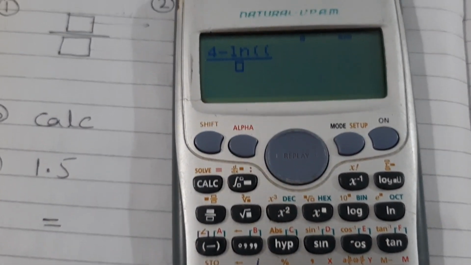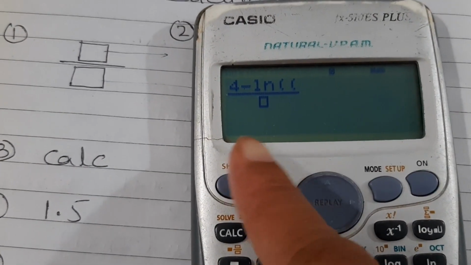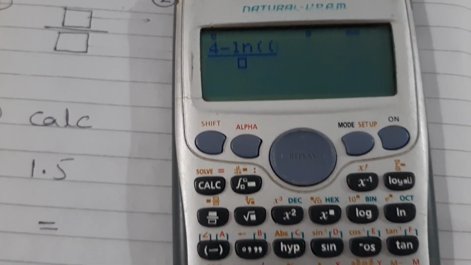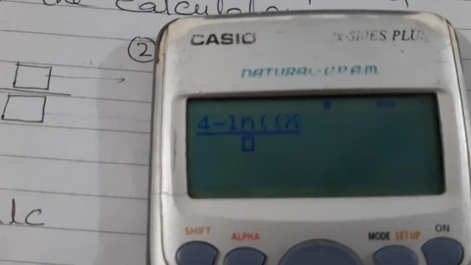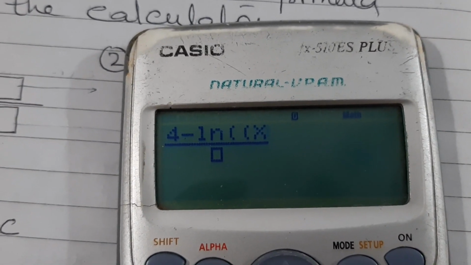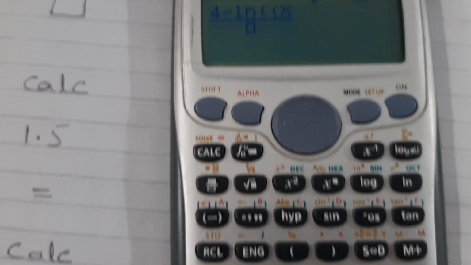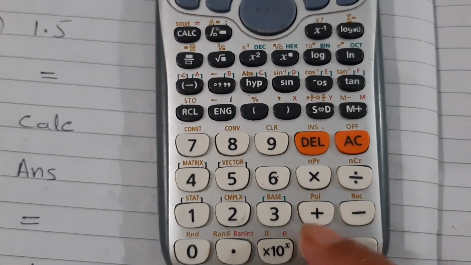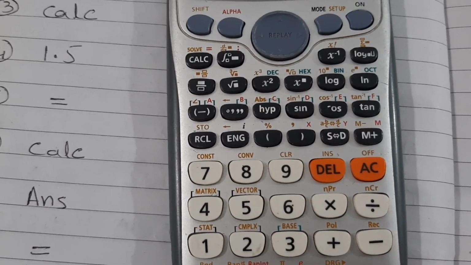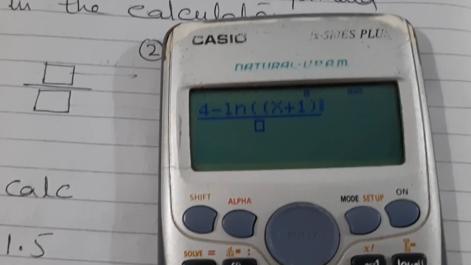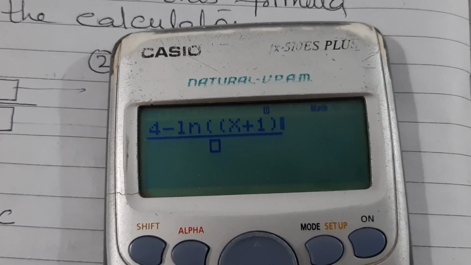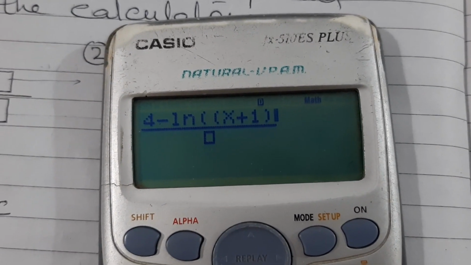So I will press alpha, and then this x. You see it is x coming here. Now I will write plus, then 1, and then the bracket. So my numerator is all done, 4 minus ln x plus 1.